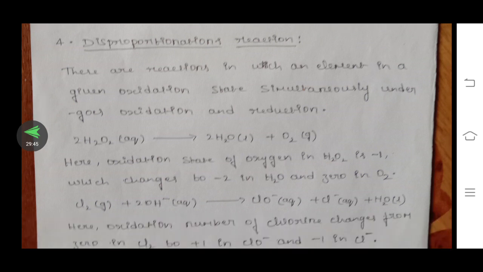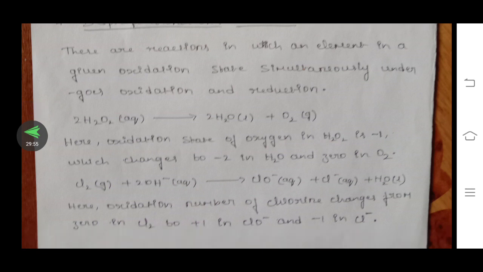Example, 2H2O2 gives 2H2O plus O2. Here the oxidation state of oxygen in H2O2 is -1, which changes to -2 in H2O and 0 in O2.